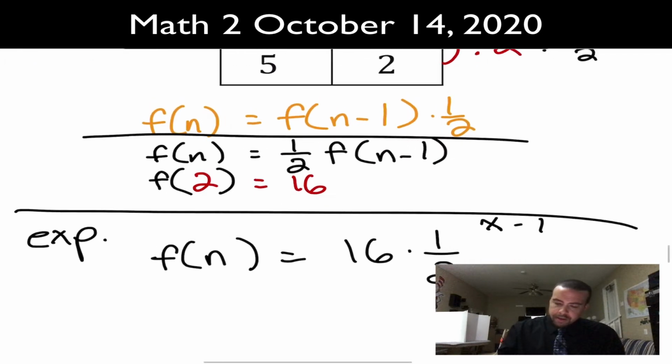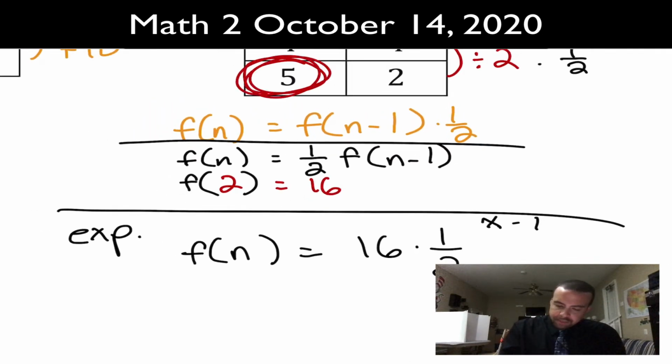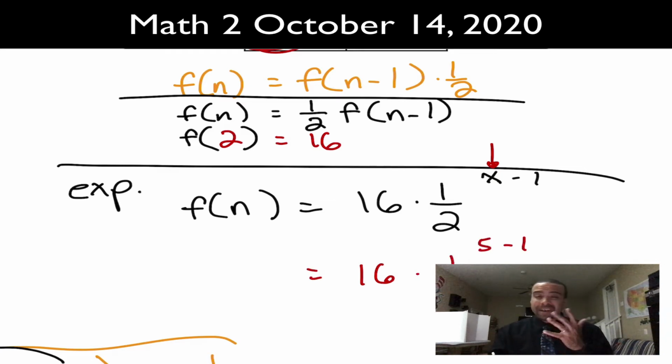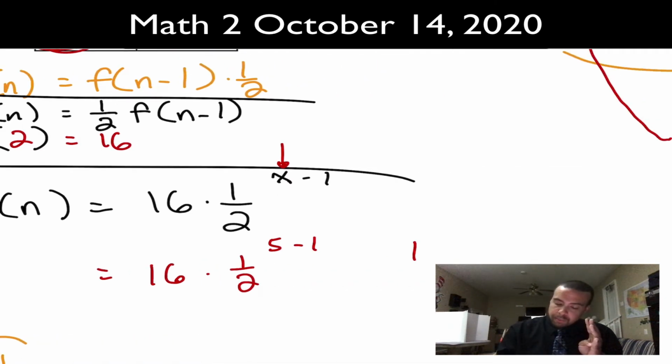All right, so from here, let's just go ahead and use 5. So if I put 5 in for x, let's see what the output is. So we have 16 times 1/2 to the 5 minus 1. Well, 5 minus 1 equals 4. What is 1/2 to the 4th power? Well, that's 1/2 times 1/2 times 1/2 times 1/2.